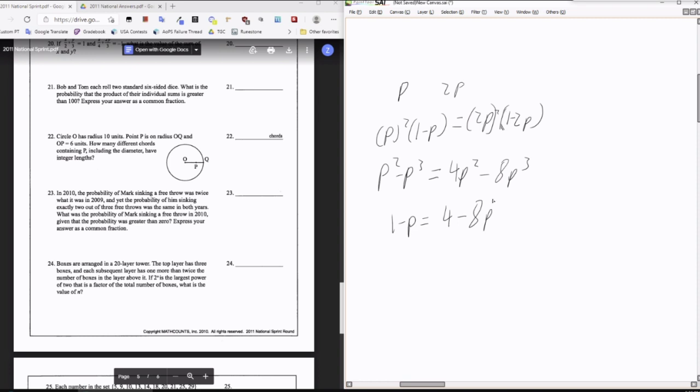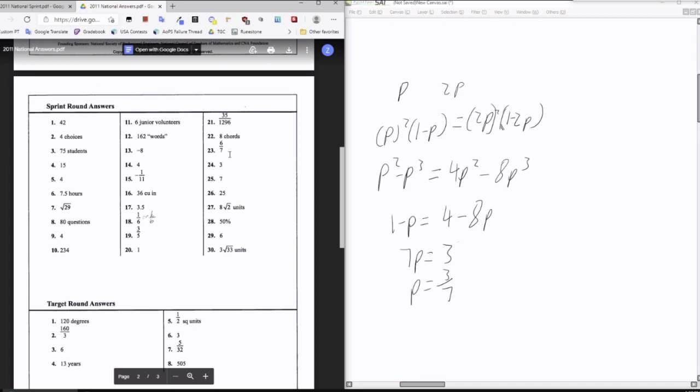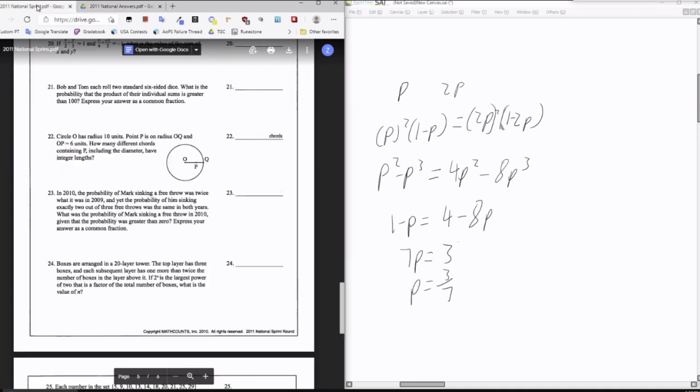Switching over, we get 7P equals 3. P equals 3/7. The probability will be 3/7. Oh, 6/7. So I got that wrong. Huh. Okay.